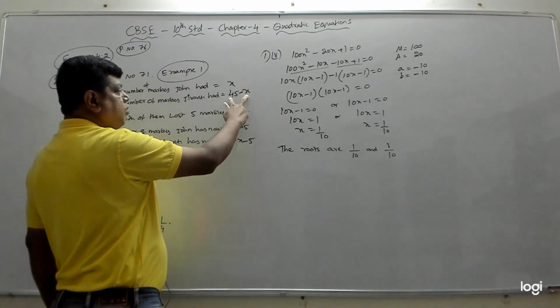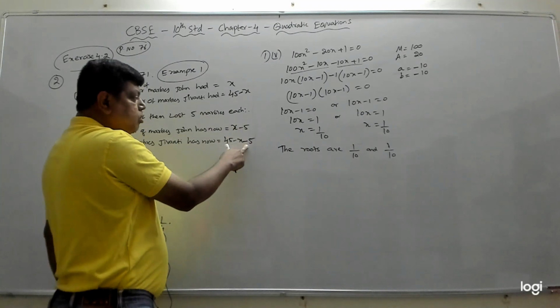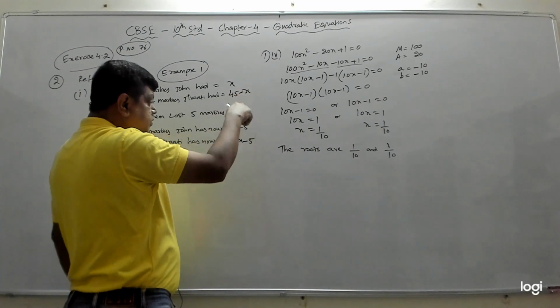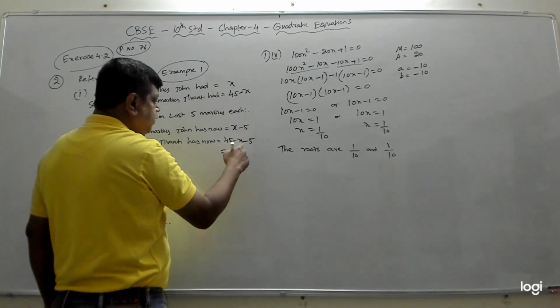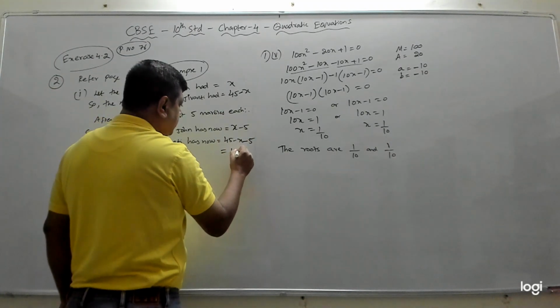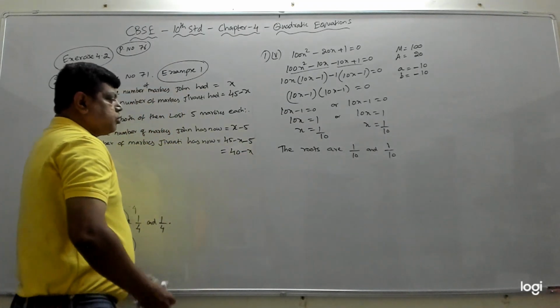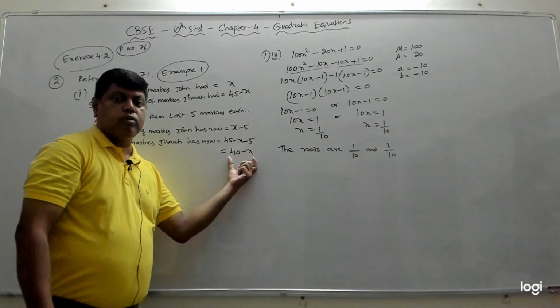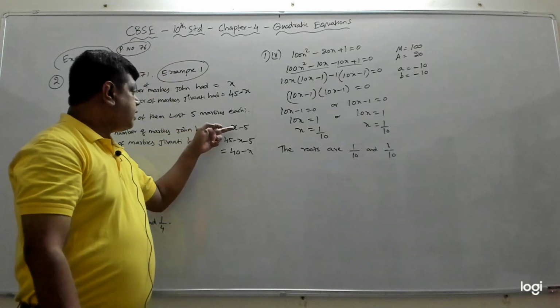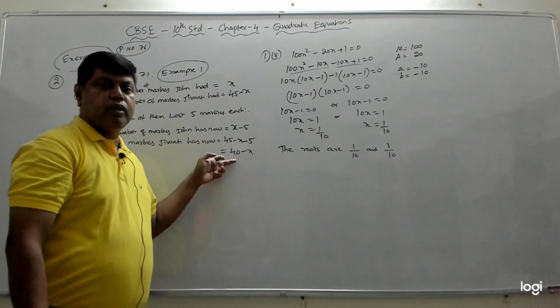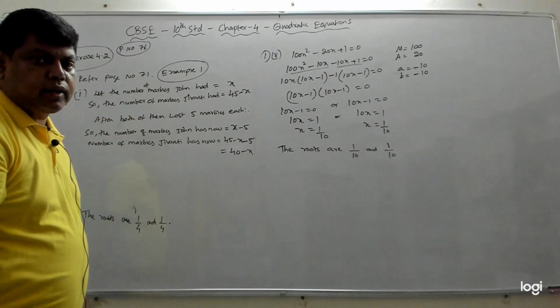So from 45 minus x we subtract 5, because she also lost 5 marbles. The remaining will be what? 45 minus 5 is 40, and this is minus x. So this is the number of marbles Jivanti has now. Clear? So the number of marbles John has is x minus 5, and the number of marbles Jivanti has is 40 minus x.